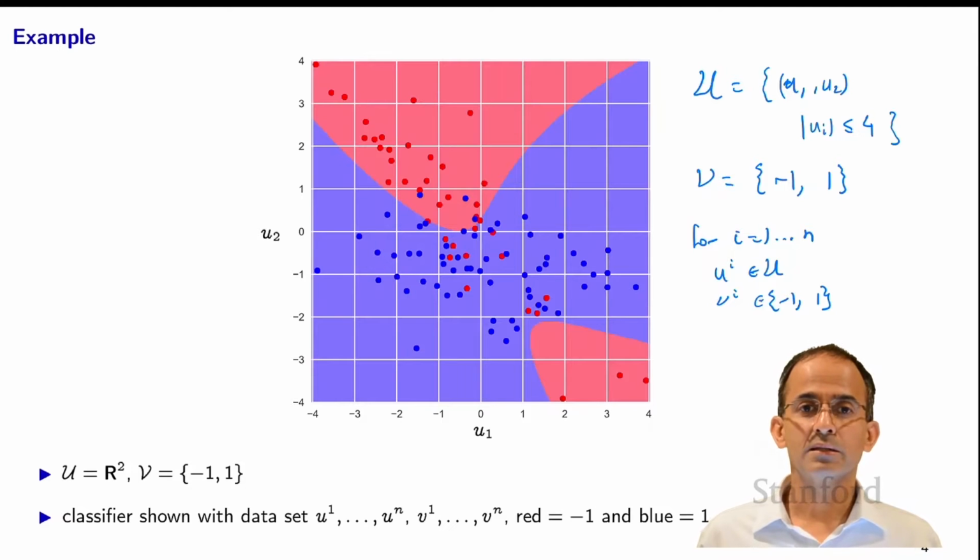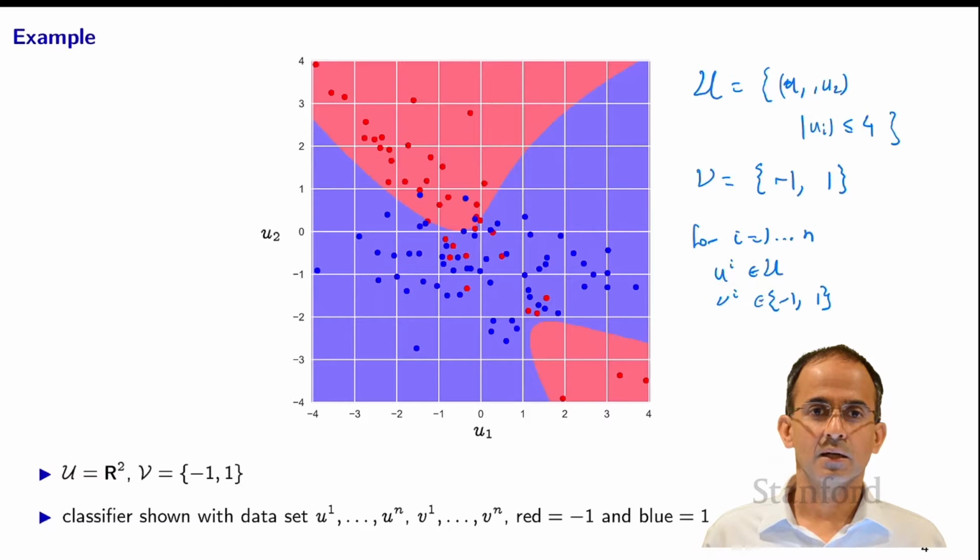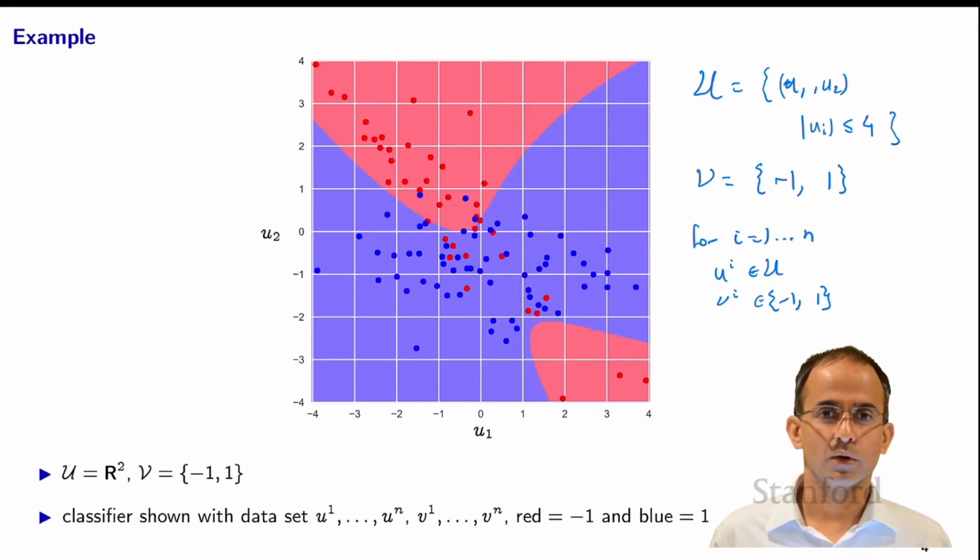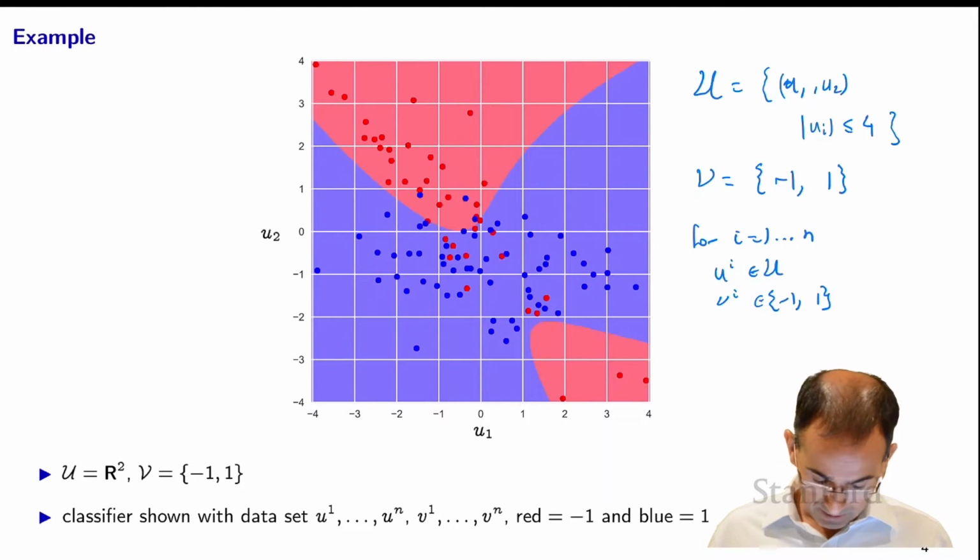And we've shown them in the plot so that points for which vi is -1 are shown as red points, and points for which vi equals 1 are shown as blue points. And so these are our 100 data points.